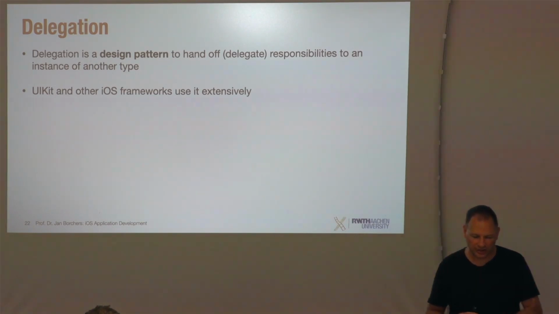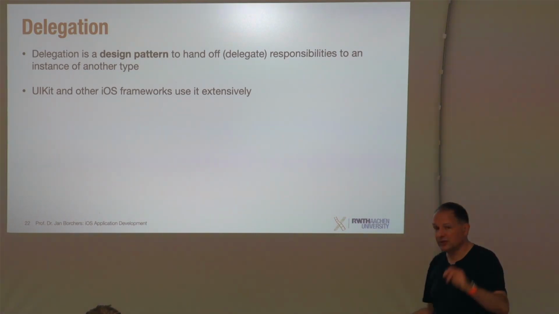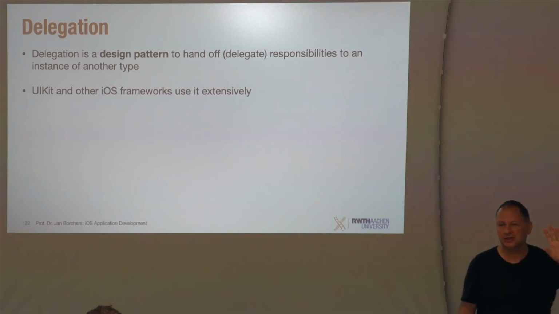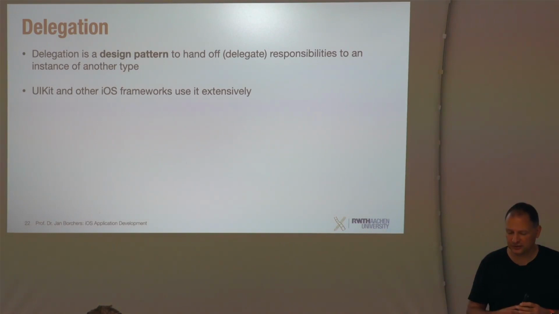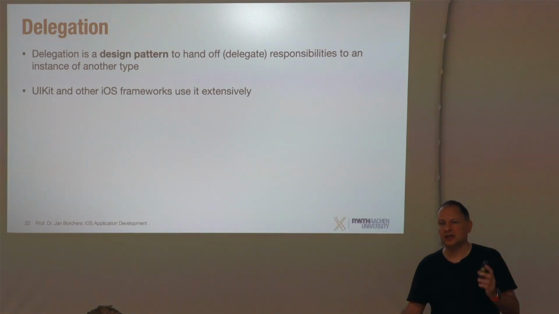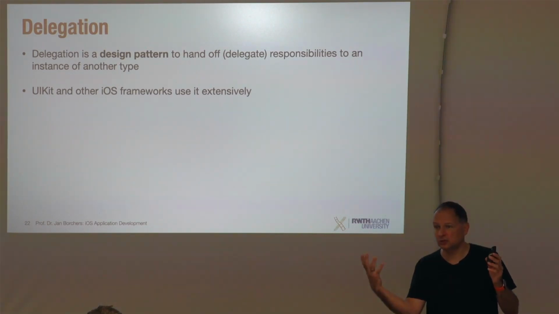So the way that this works in programming means that you've got one class typically, or one type that needs a task done, but doesn't implement it themselves, and then you've got another type, and that is the delegate, that actually does the work and signs up to be the delegate to do that job.